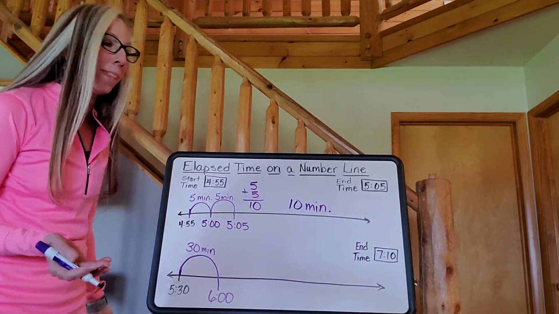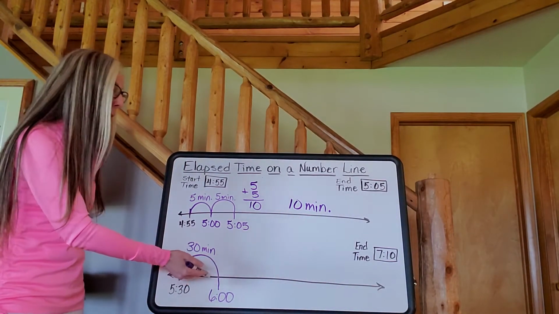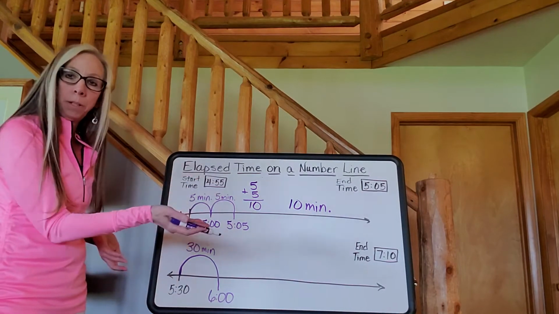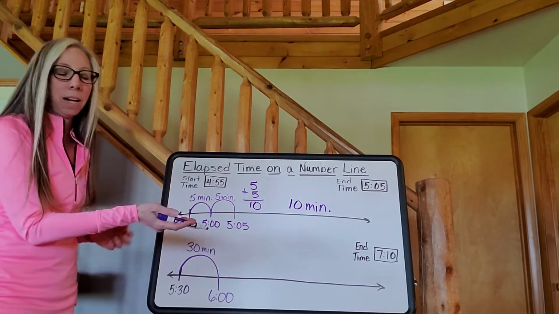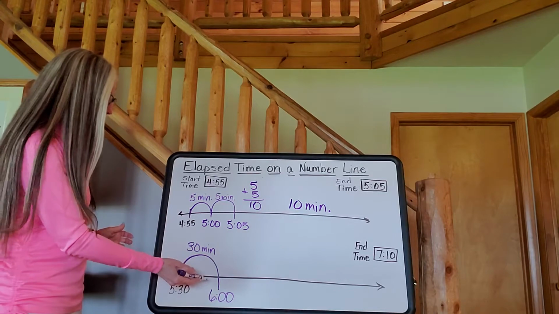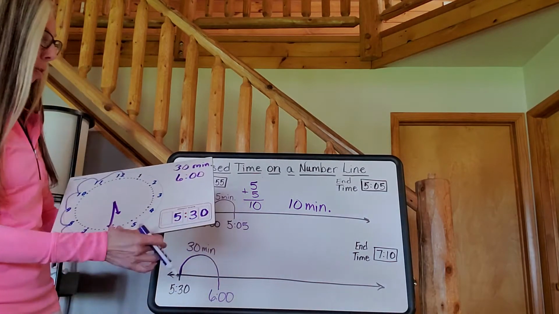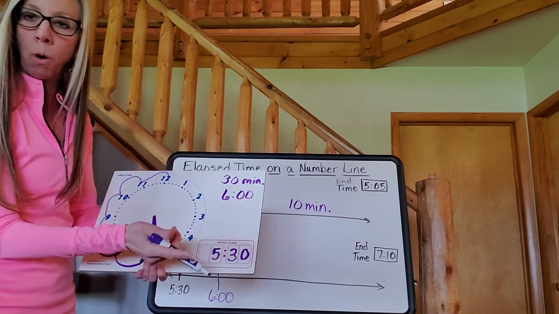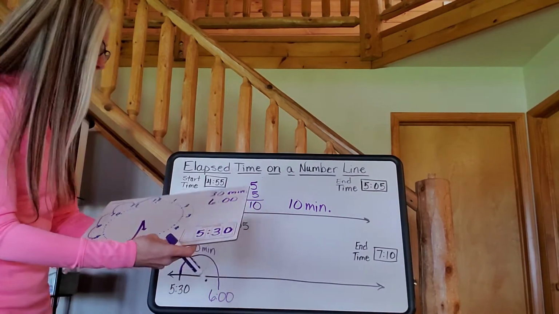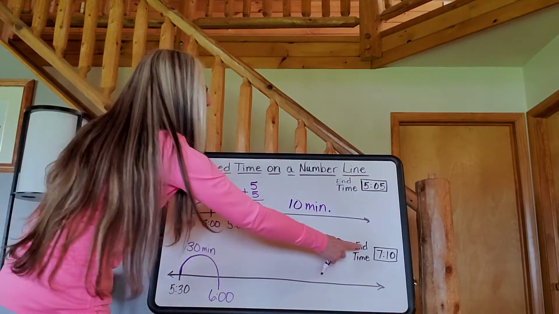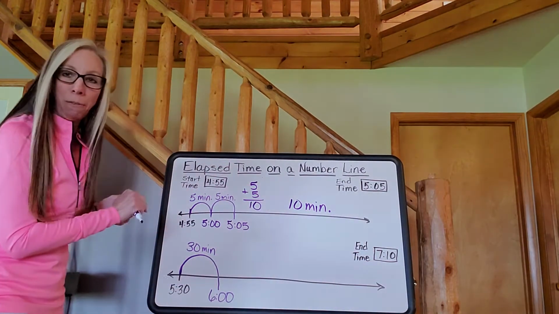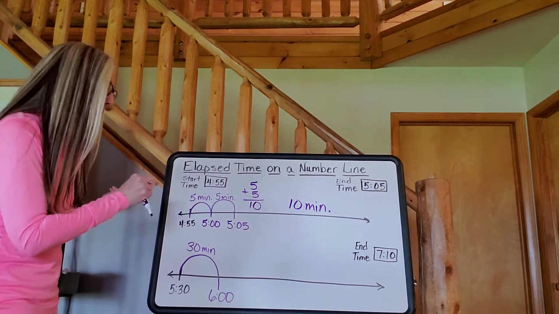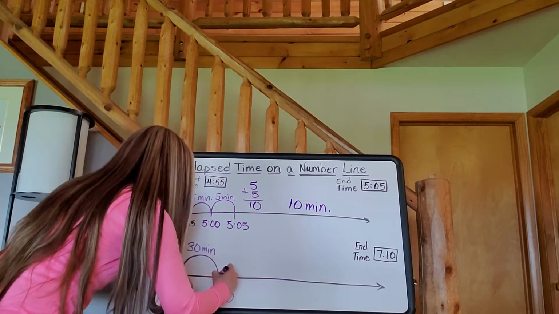No, we're not quite there yet. But now we're on the hour, so now we can jump a little bit easier to the next hour. We're at 6 o'clock now. If we add 1 to 6, 6 plus 1 is 7. So we can add an hour hop because 7 o'clock is still before 7:10.